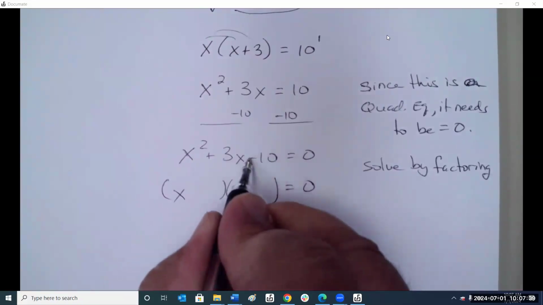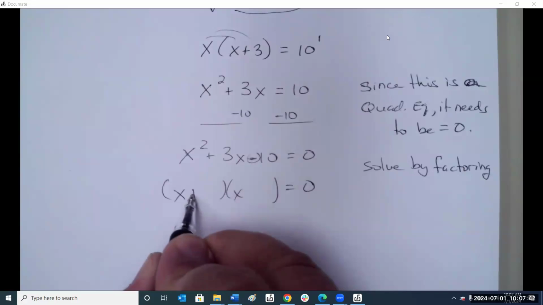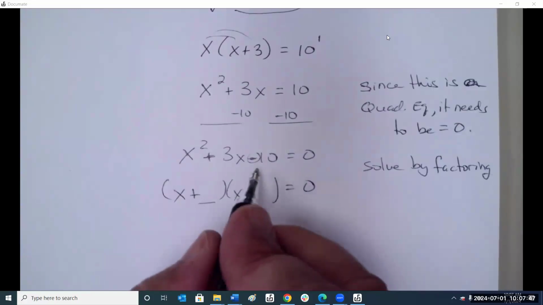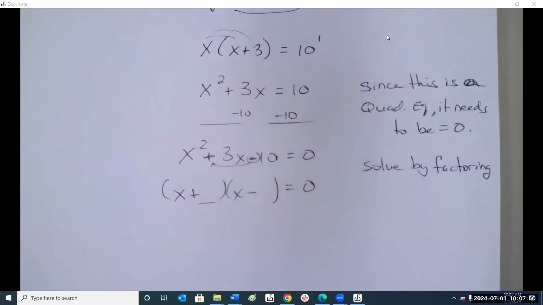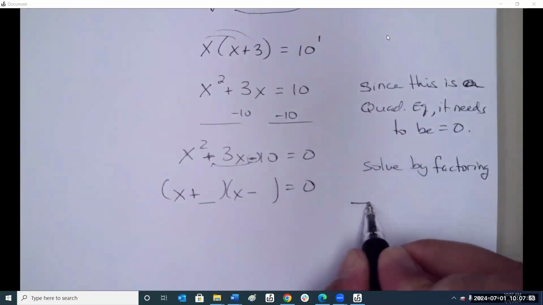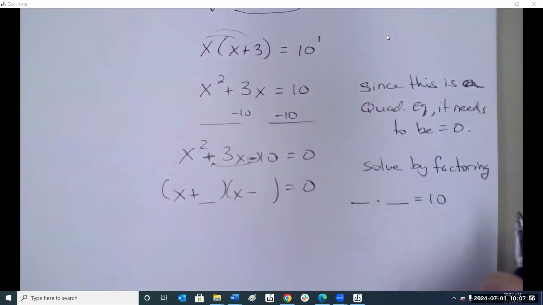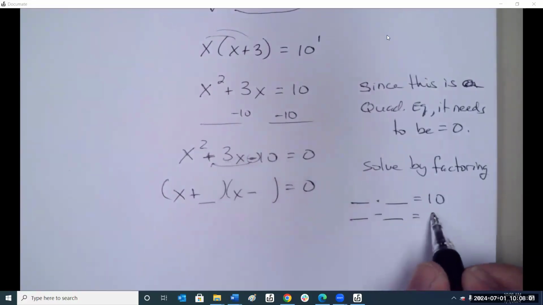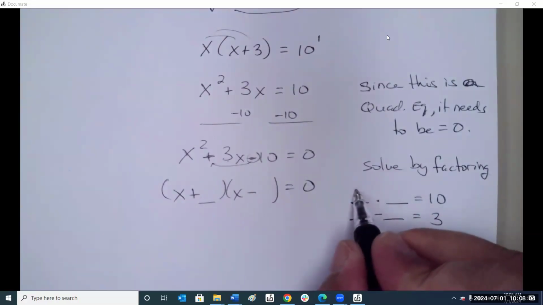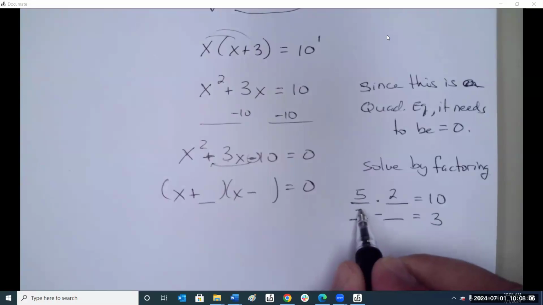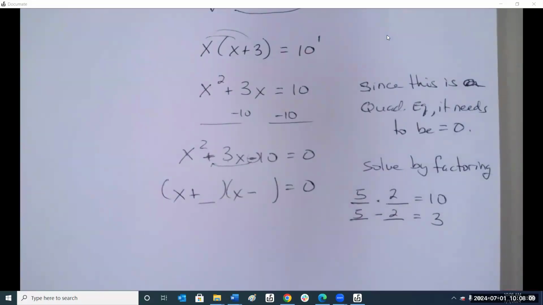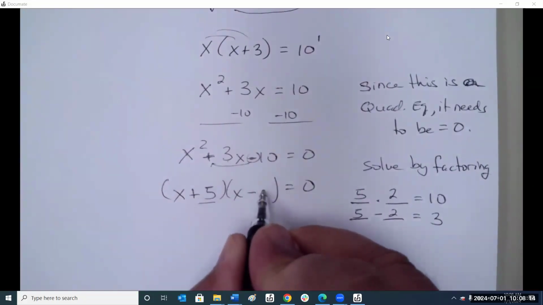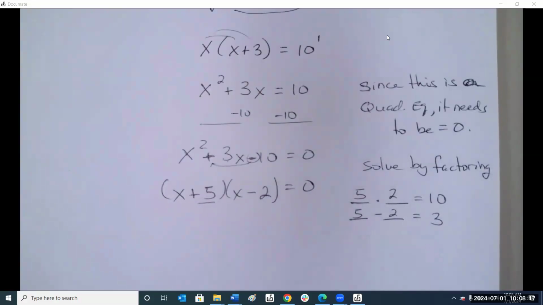x and x. The second sign is a minus, so they're opposite signs, and the bigger number gets the first sign. So what times what equals 10, and when we subtract them, we get 3? 5 and 2. 5 gets the plus, 2 gets the minus.